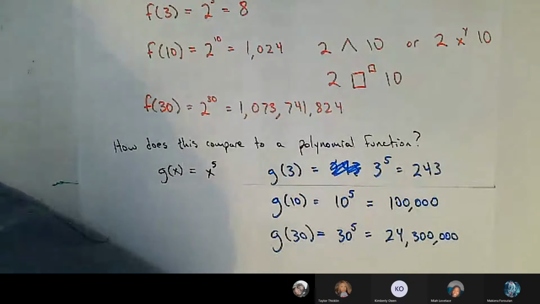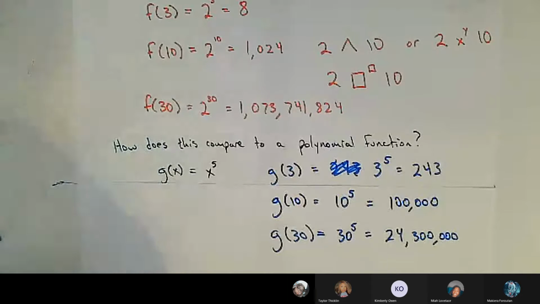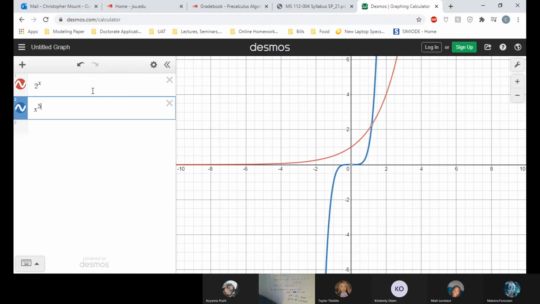So if we were to graph these, let's see what they look like. And we will talk specifically about the graphs of exponential functions as well, but let's just see what we're getting here. There's 2 to the x, and here's x to the 5th.